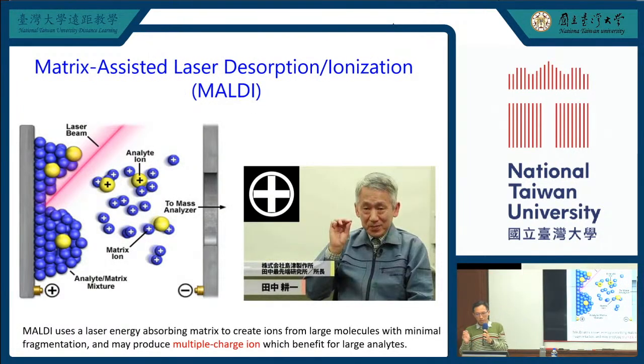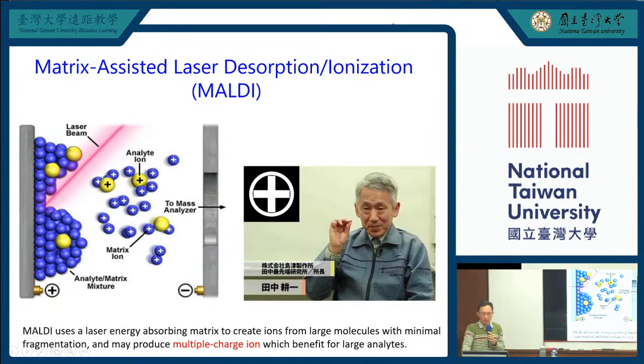Okay, if we want to detect a compound that is not dissolved in liquid, how do we do that? We use MALDI, matrix-assisted laser desorption and ionization. If the compound is a macromolecule, such as a protein or peptide, that is not easy to dissolve in liquid, we can use this one.